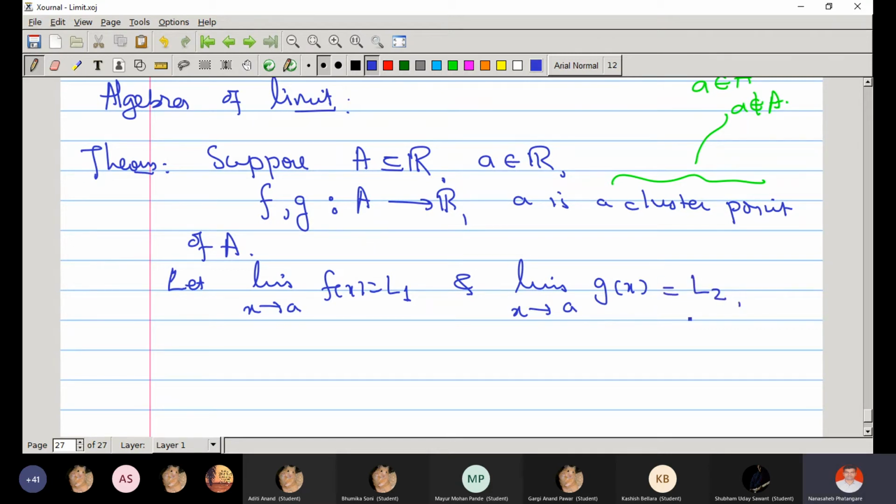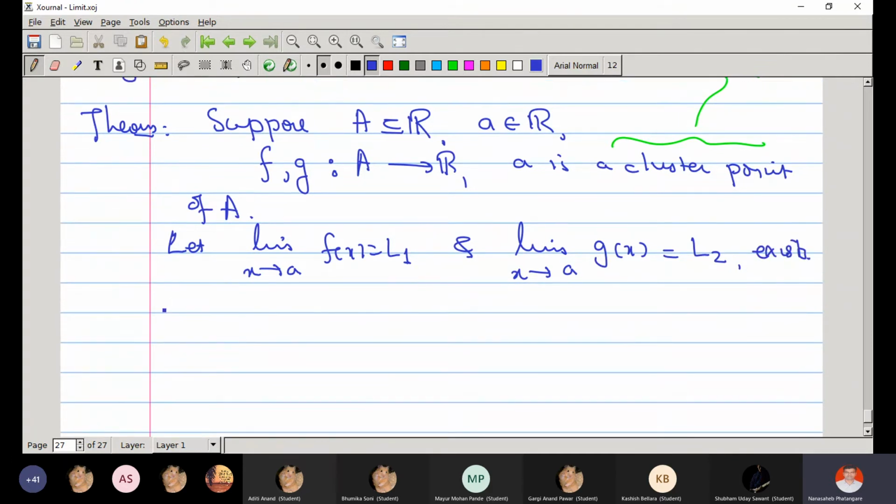Suppose the limits of f and g exist. Then what is the limit as x tends to a of f(x) plus g(x)? What is the limit of the sum of two functions? And what do we expect? L1 plus L2, because as we discussed last time, the sequences give us some idea about the limit.